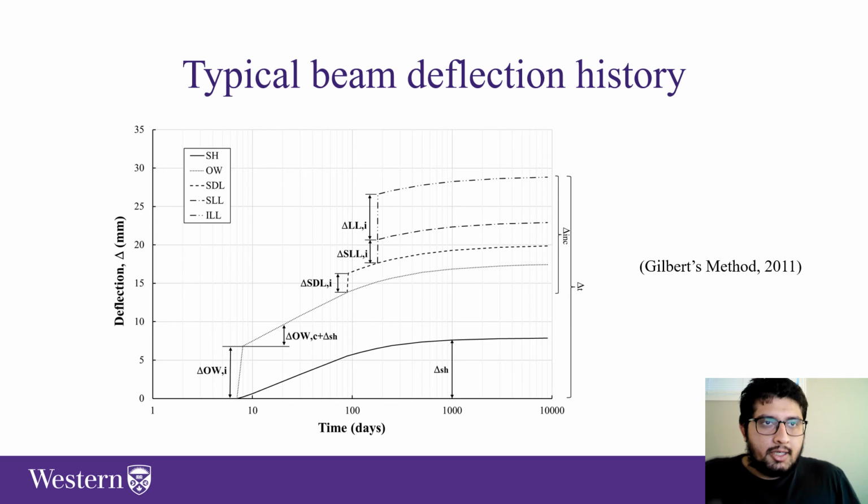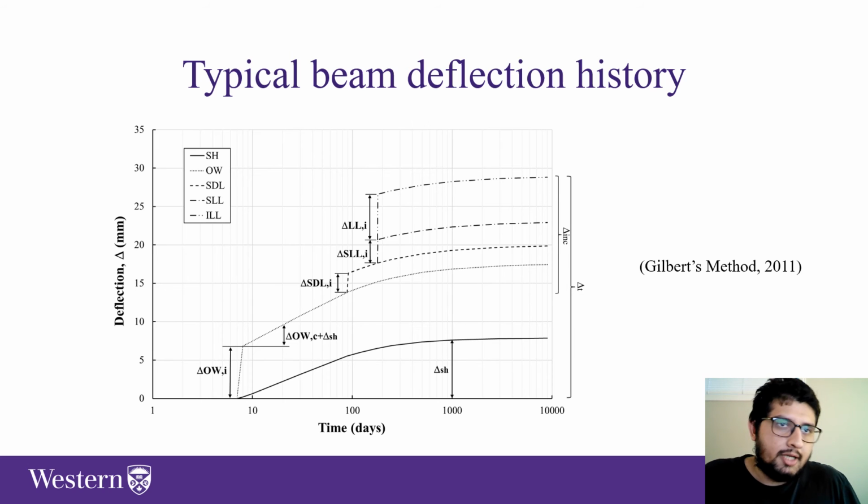So when we're looking at incremental deflections, we only consider the creep deflections due to own weight and superimposed dead load. And also the shrinkage is factored, so we're considering shrinkage deflection after 3 months.